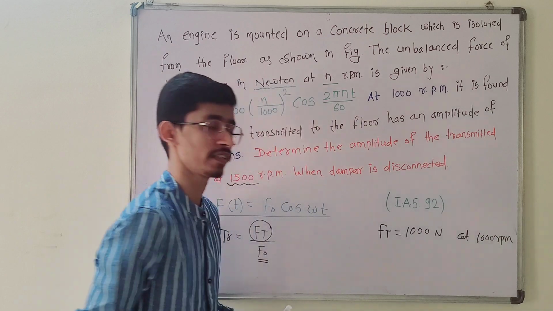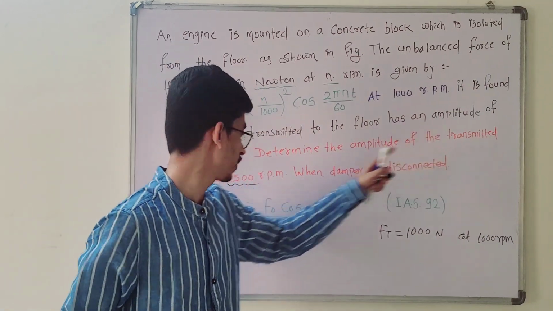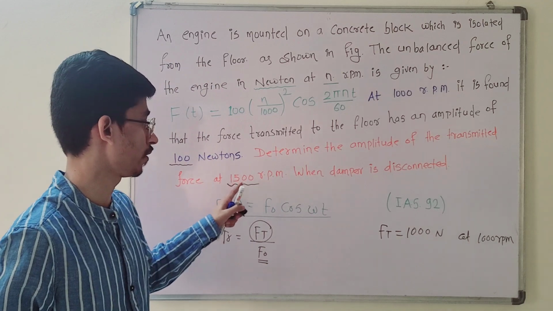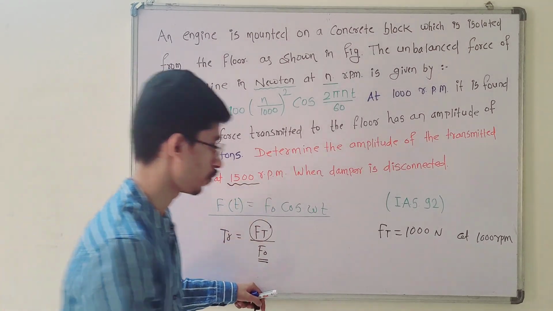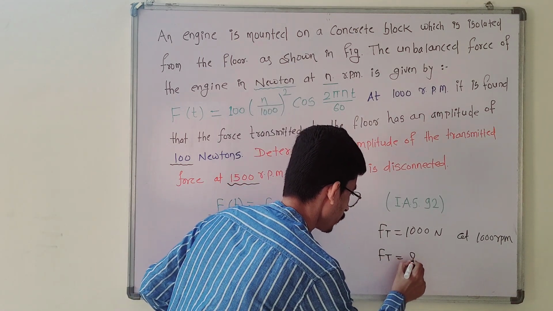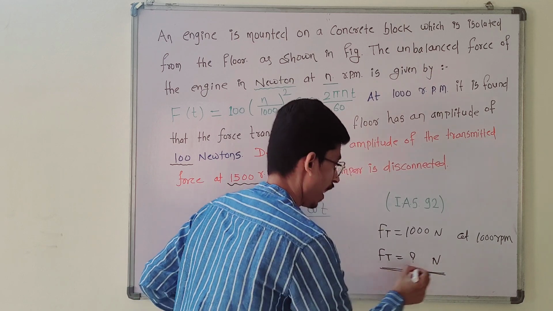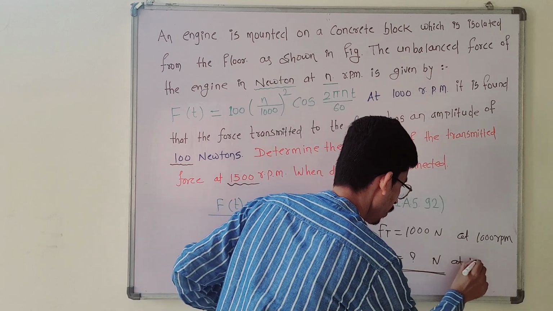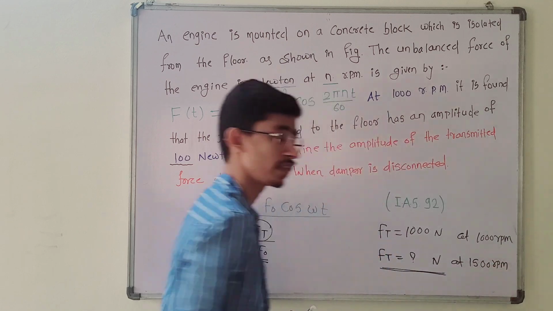This data they have provided, and what they are asking is to determine the amplitude of the transmitted force at 1500 rpm. What will be the amplitude of the transmitted force that you have to find out, in Newton, at 1500 rpm? This is the understanding from the question.